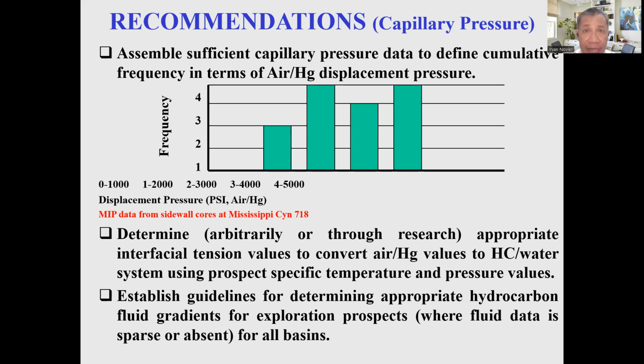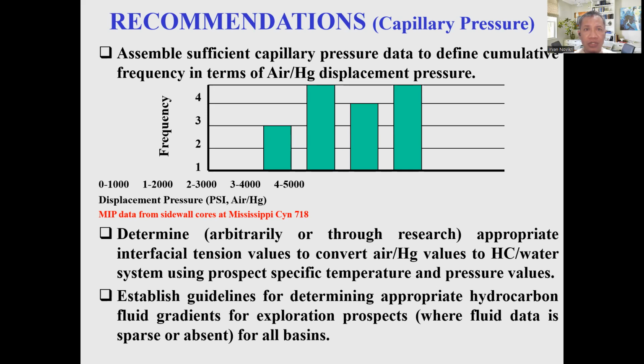To establish the guideline, determining the appropriate hydrocarbon fluid gradient for exploration prospects, especially where fluid data is limited or unavailable across all basins, a systematic approach needs to be developed.